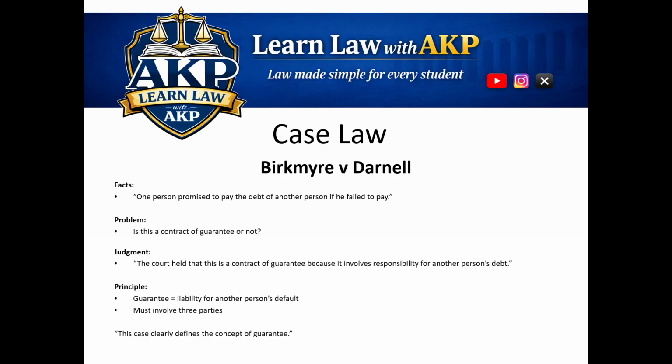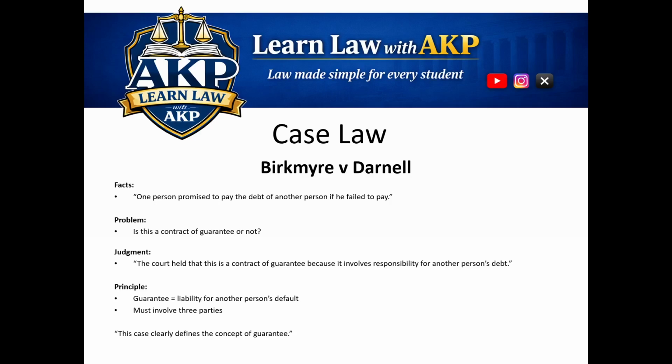The court carefully examined the situation. It observed that there are three parties involved: one person who is giving the promise, one person who has the actual liability, and another person who will receive the payment. So, the court held that this is a contract of guarantee.